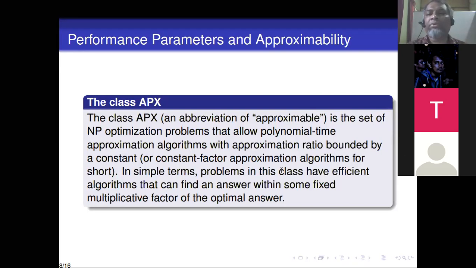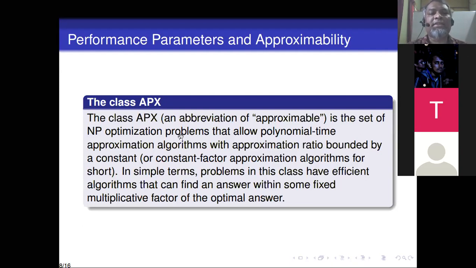So if there exists an approximation algorithm for a problem whose approximation ratio is bounded by a constant, then the problem is in class APX. In simple terms, problems in this class have efficient algorithms that can find an answer within some fixed multiplicative factor of the optimal answer.